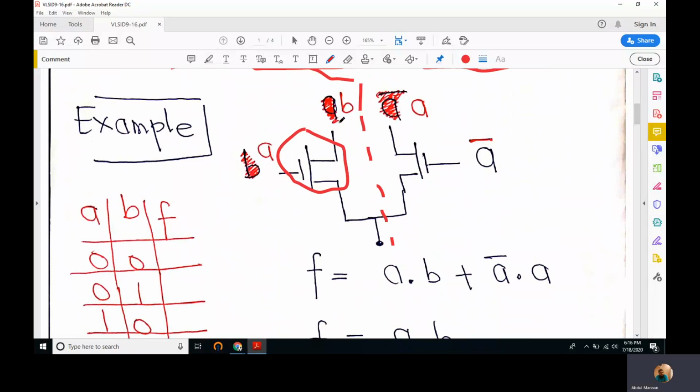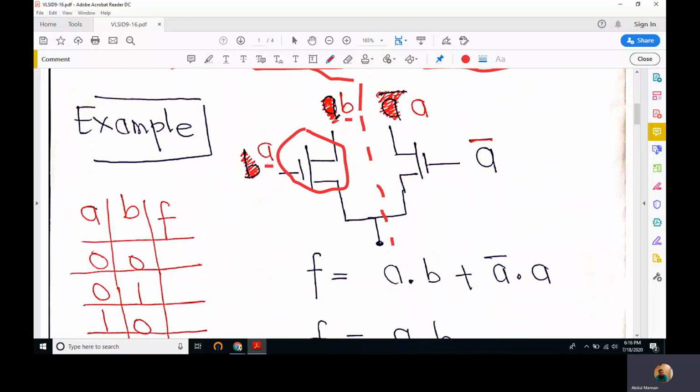And what do we get on the drain, F? Of course, we get A dot B. This is the concept of pass transistor we have studied earlier in the course. A ANDed with B. If A is a 1, whether B is a 0, it is transmitted here.